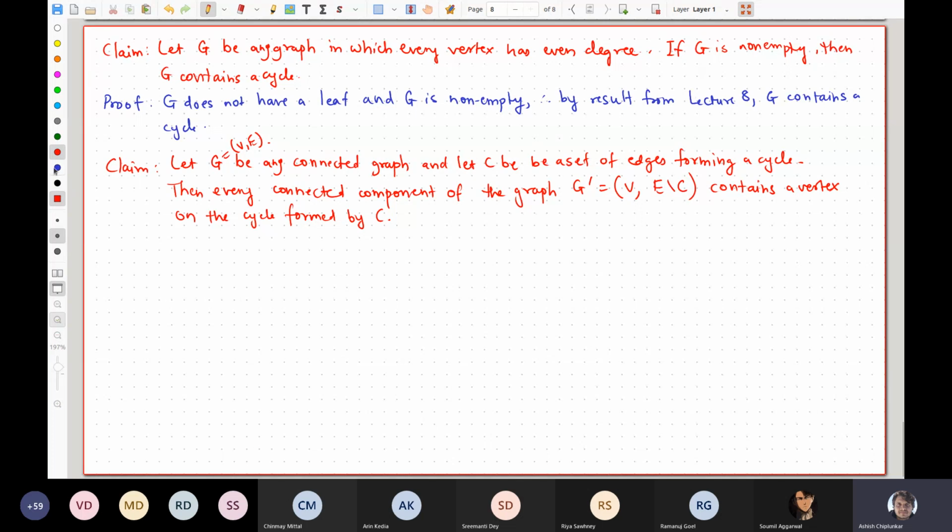Okay, what is the proof? So G is connected. Let v be a vertex on the cycle formed by C, and let K be a connected component of G prime.